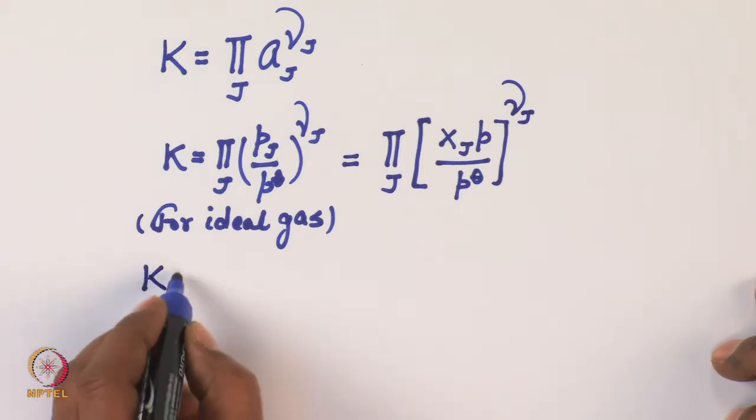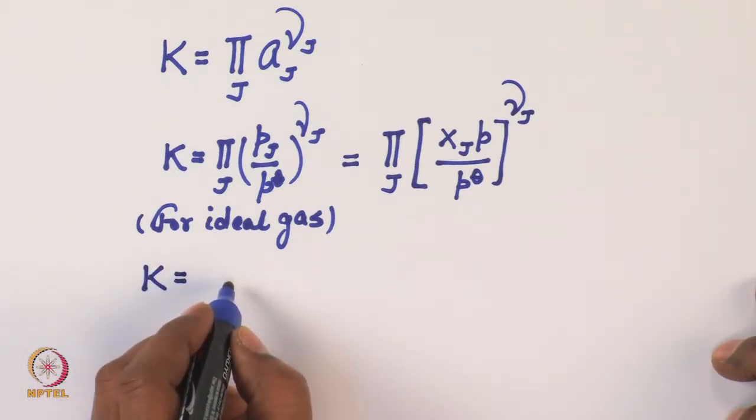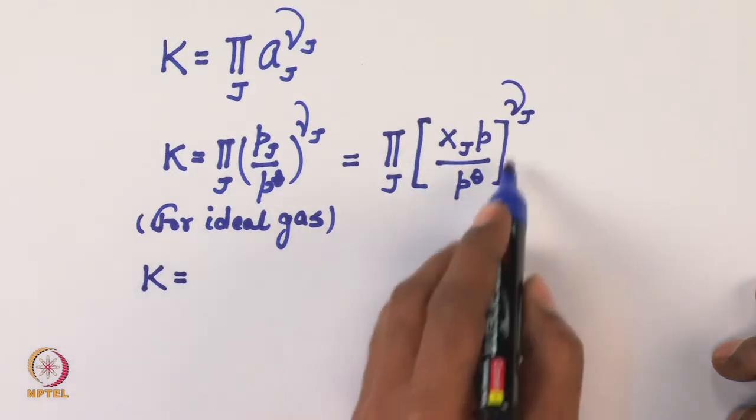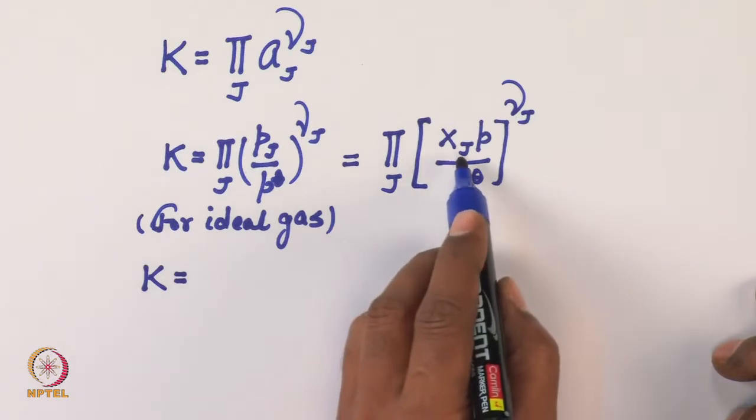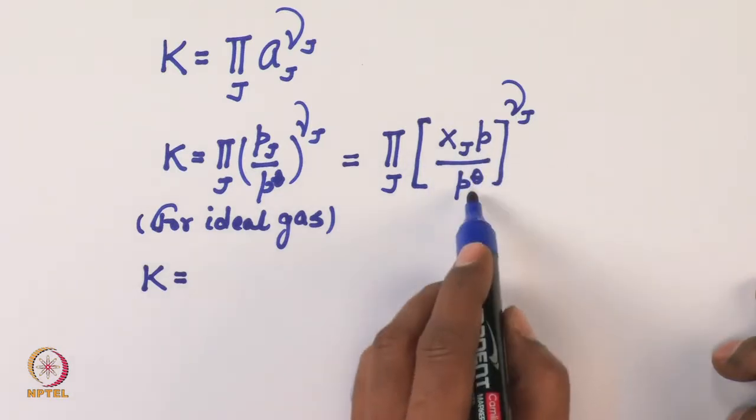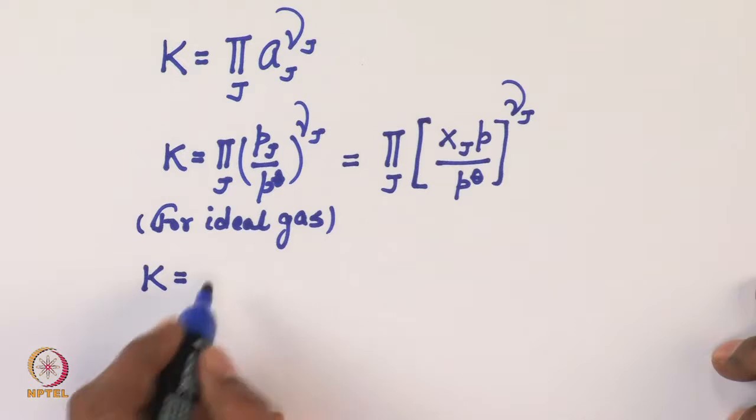Now, K I can write as, now when I expand this, I will expand separately for mole fraction and separately for P by P naught.